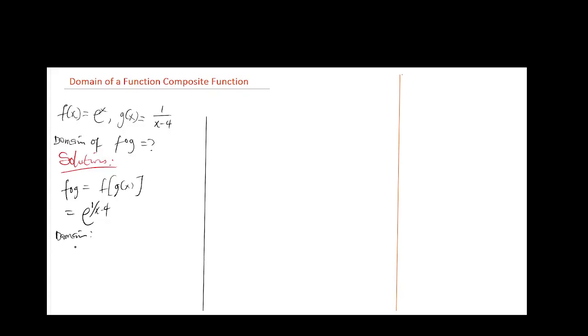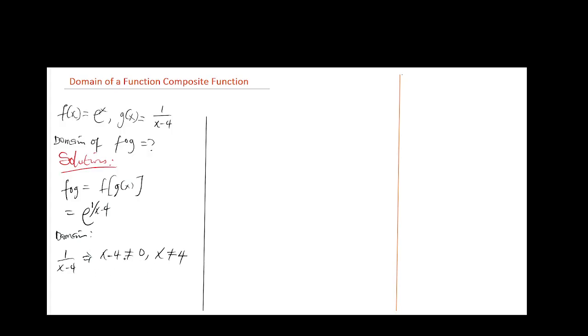We check for restrictions, and one of the restrictions is that 1 all over x minus 4 must be defined. For it to be defined, it implies that our x minus 4 cannot equal 0. The only condition that will make it not equal 0 is that our x will not equal 4.